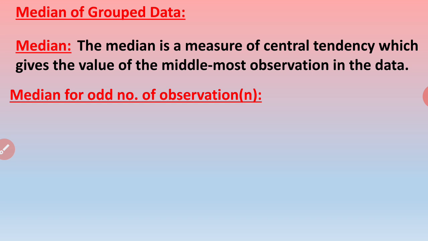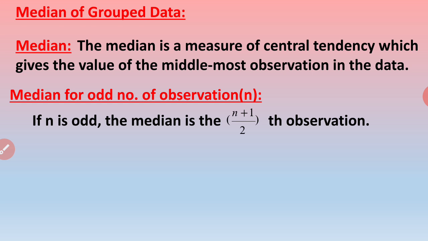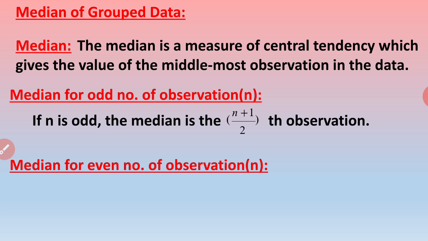But if you have ungrouped data, the median for an odd number of observations, that is if n is odd, that means you have a number of observations, say 5 or 7, in those cases the median will be the (n plus 1) by 2th observation. So you will get the value of n, the number of observations, substitute, and the (n plus 1) by 2th observation will be your median.